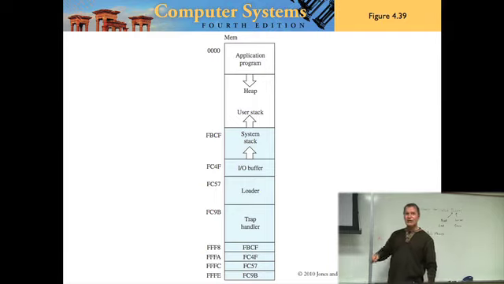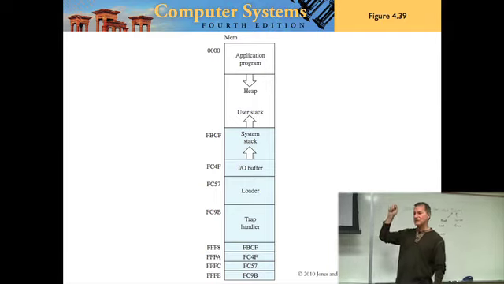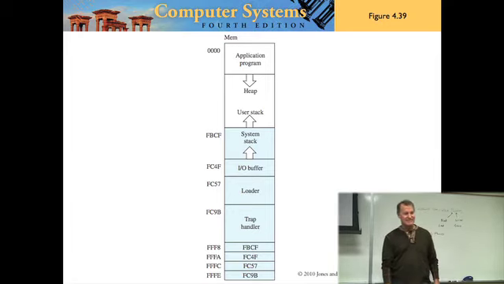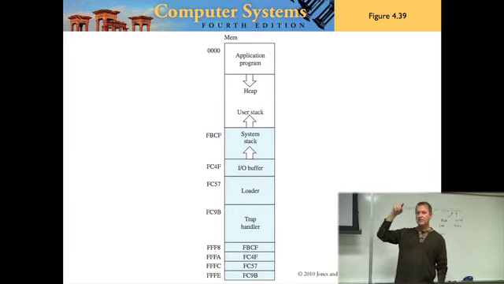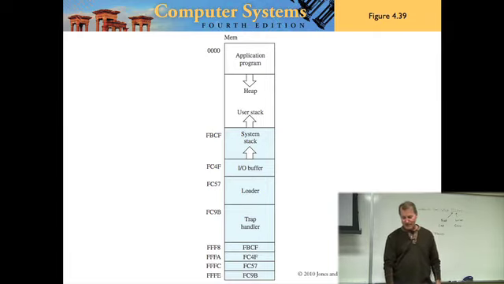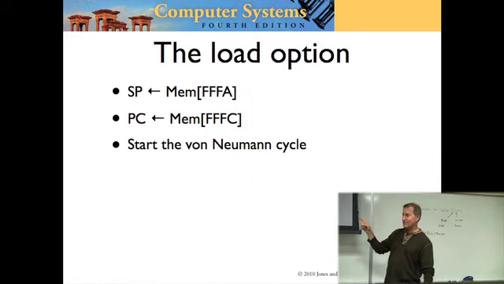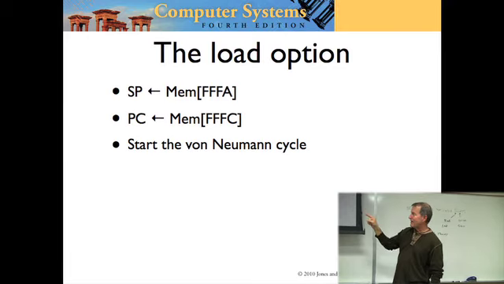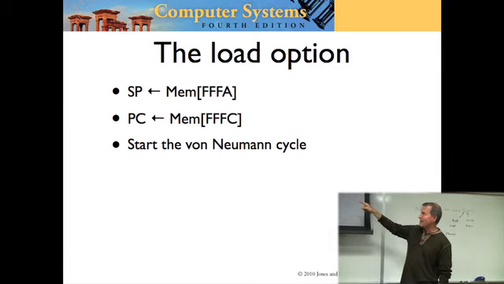So look, you guys, what happens when you go do the load option? Remember how in the simulator when you do load, guess what happens? The loader. Well, here's what happens. I was wondering what the SP and PC buttons were for. Yeah, what does SP get? Look, what does SP get?